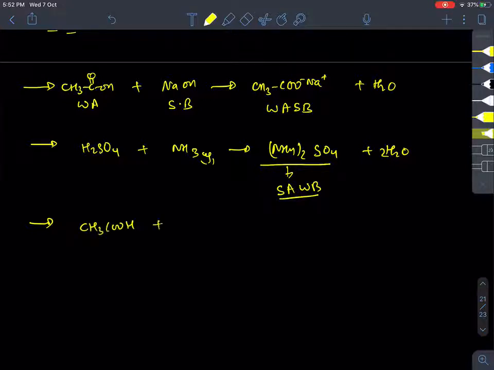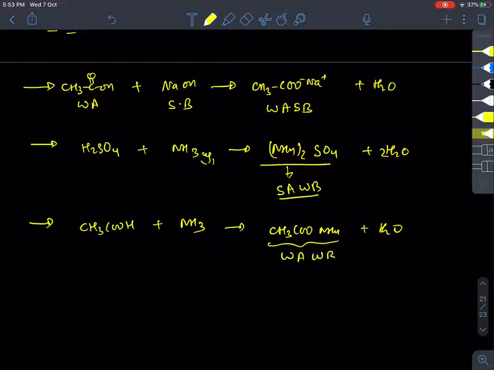And similarly, at the end, I would like to consider both the portions as weak. This along with ammonia, you can get ammonium acetate. Now this which we have received here is formed by weak acid and weak base.